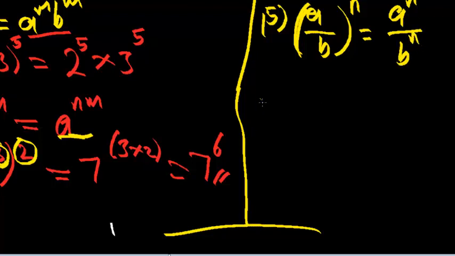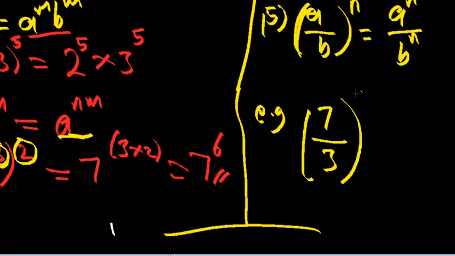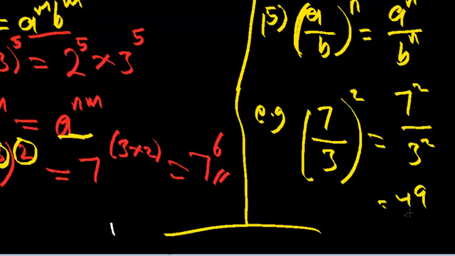And an example on that is supposing that you have 7 over 3, all exponent 2, then this one is going to give you 7 exponent 2 over 3 exponent 2, and then you can further simplify. So 7 exponent 2 means 7 times 7, and that is 49. So finally you are getting 49 over 9. 3 times 3 is 9, so you are getting that. And that is that law.